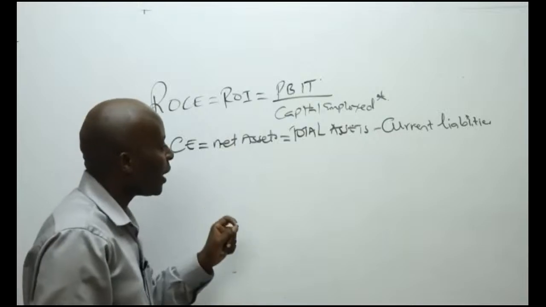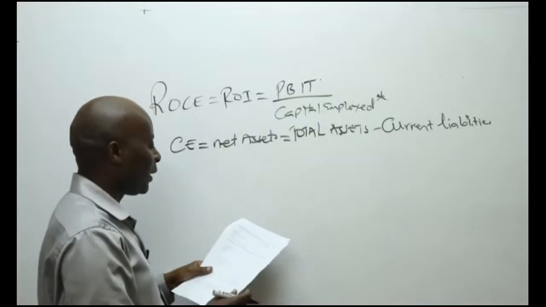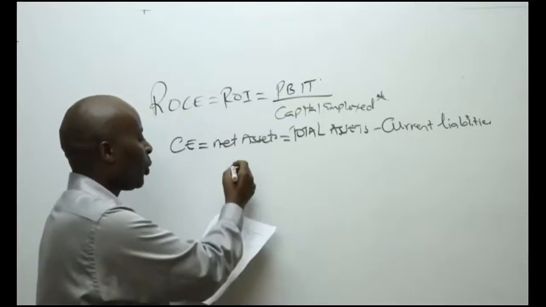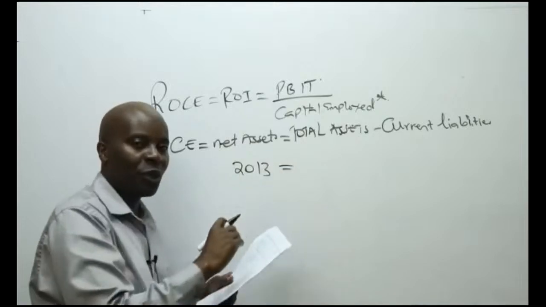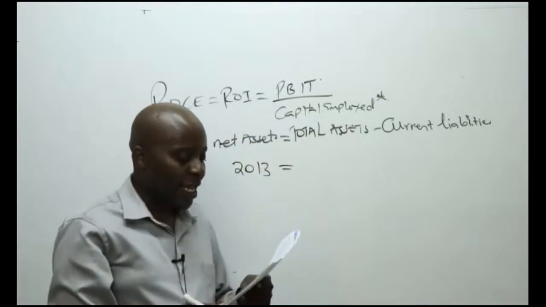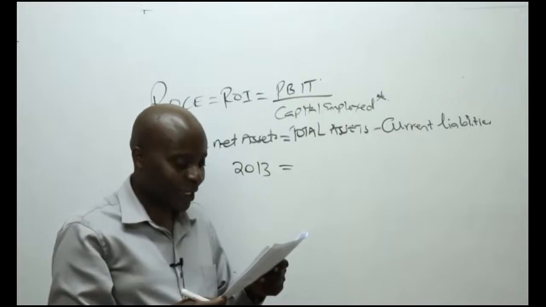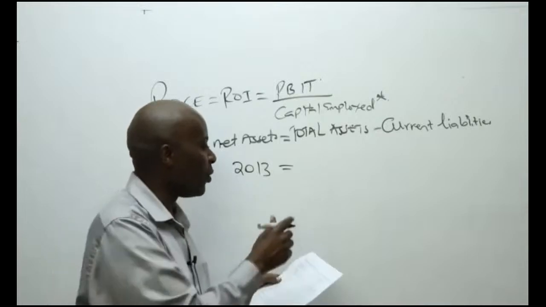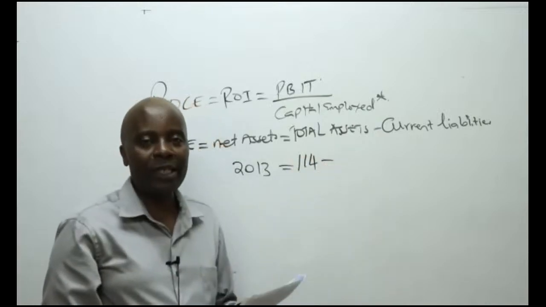So I would want us to take this opportunity to calculate our net assets for the respective years, 2013 and 2014. From the statement of financial position, the total assets for 2013 are 114.